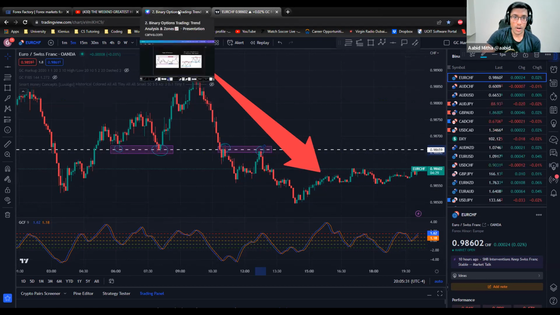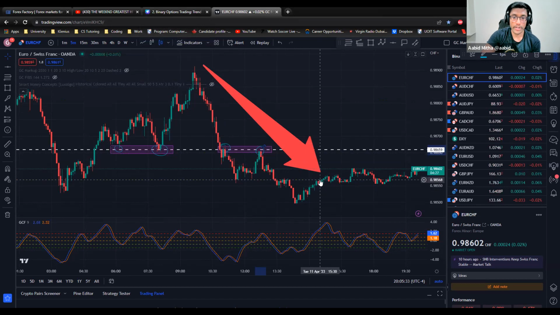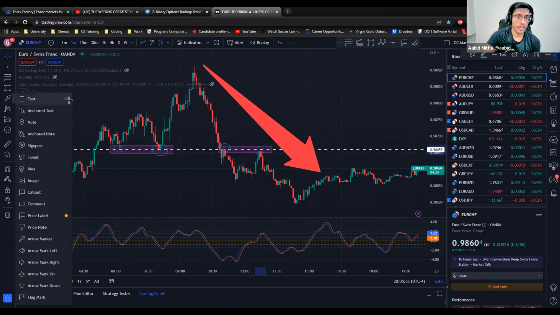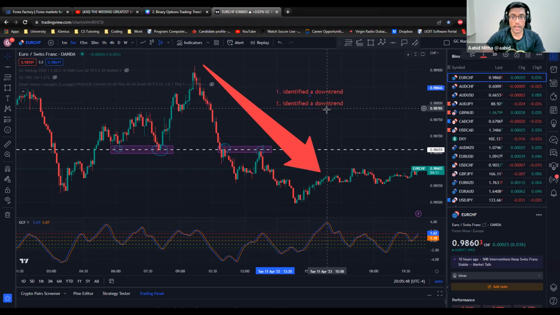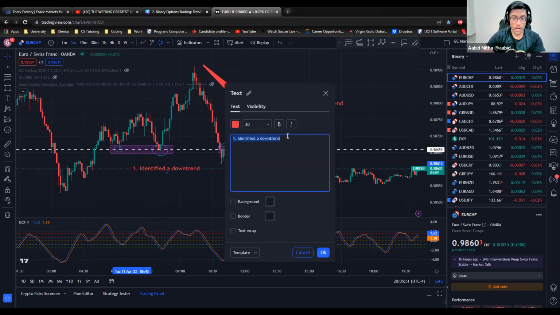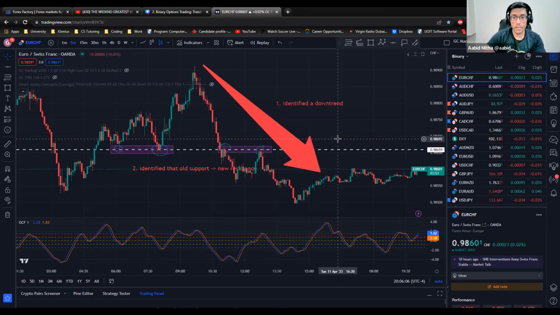And what we've done so far is we've identified the trend, which is a downtrend. So let's write that down. So one, identified a downtrend, right? And then number two, we identified that old support has become new resistance.